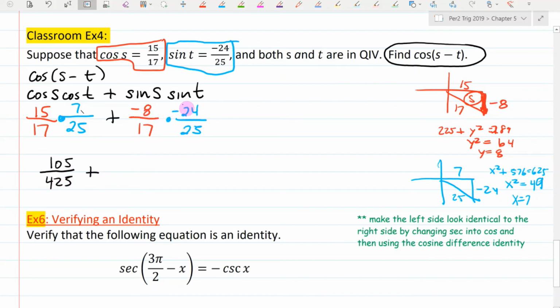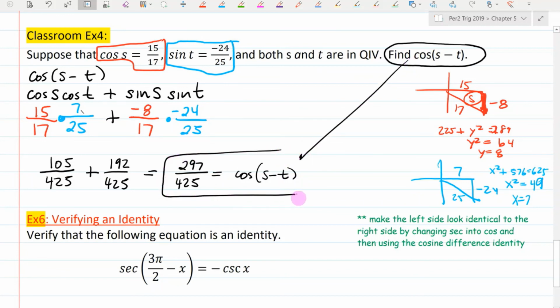Plus, these two are both negative, so they multiply to a positive 192 over 425. And that gives us 297 over 425. Here you would reduce if you could, by the way. It doesn't. And that's cosine of S minus T, which is what they asked us to find in the first place. And that's your final answer.